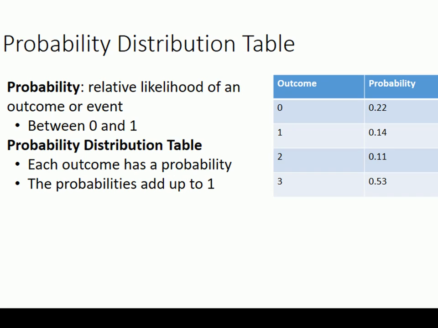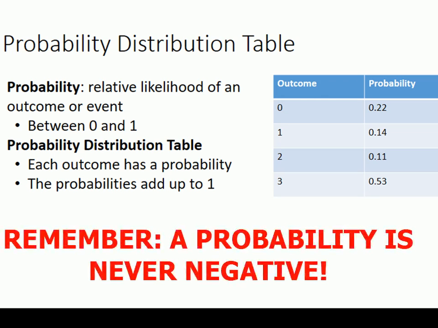A probability is a number between 0 and 1. We'll usually represent them as decimals, so 0.22, for example. You could represent it as a percentage, like 22%, but it's never going to be negative, and it's never going to be greater than 1 or 100%.